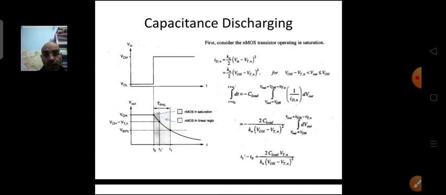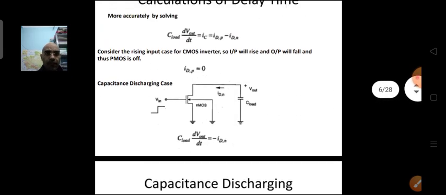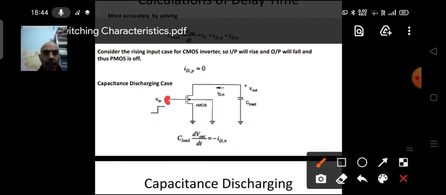If you check the second condition, initially the output is VOH, and the input is also becoming VOH. At that instant, looking at gate to source, the input is VOH minus 0, so VGS is VOH.